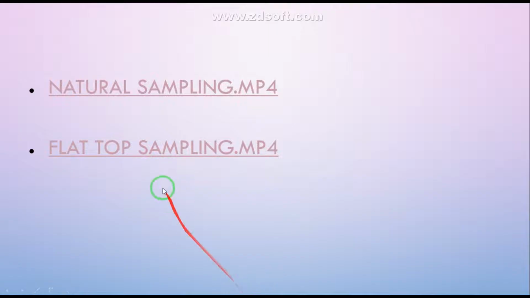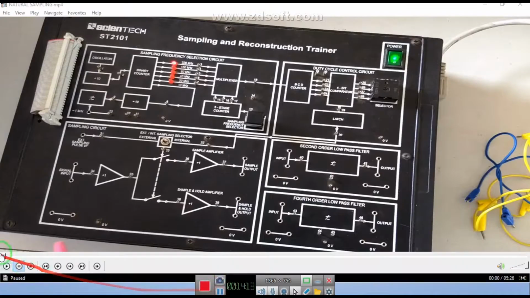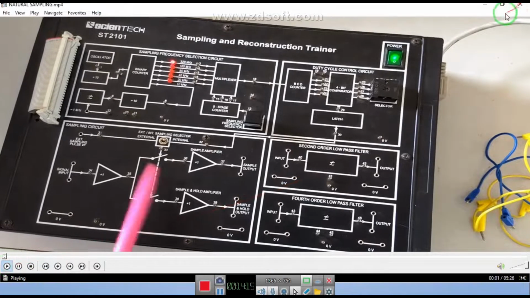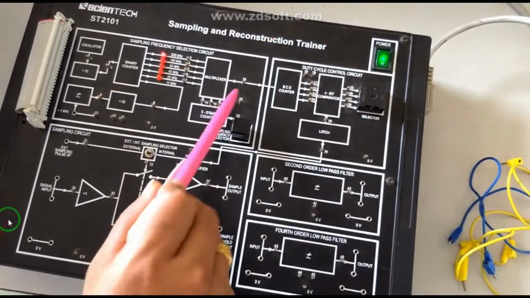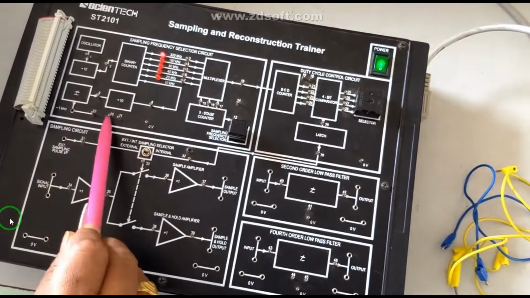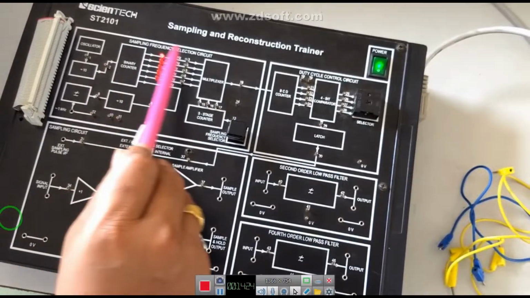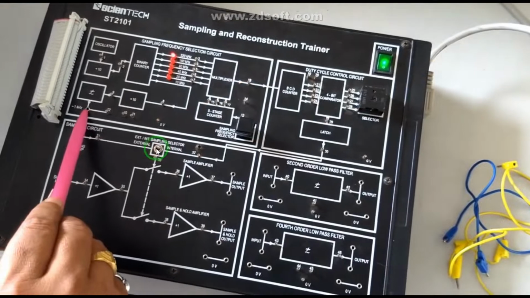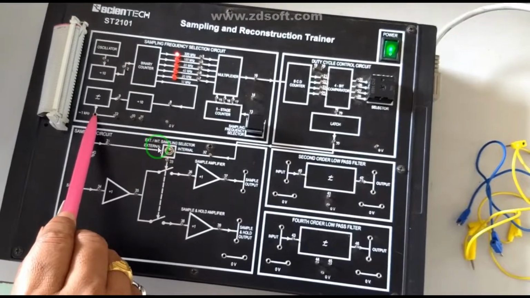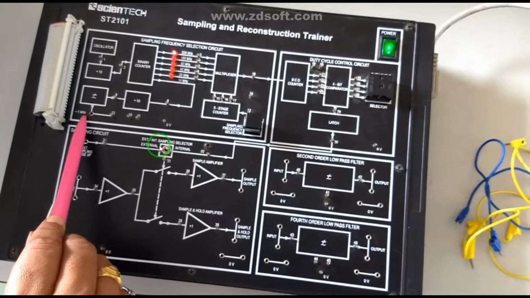This is a sampling and reconstruction trainer kit. This section is the analog signal that we want to sample. A 1 kilohertz signal is available over here.